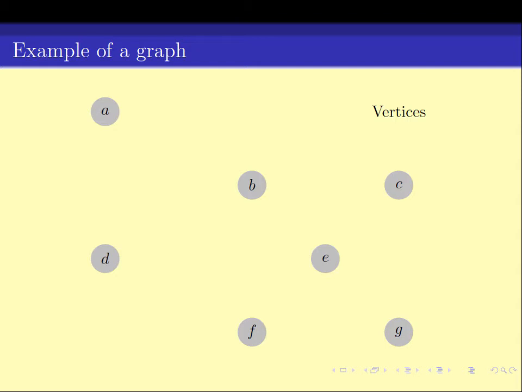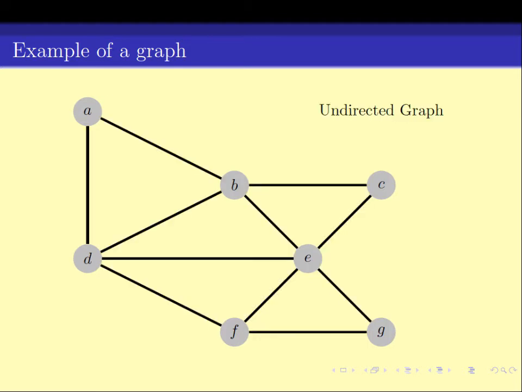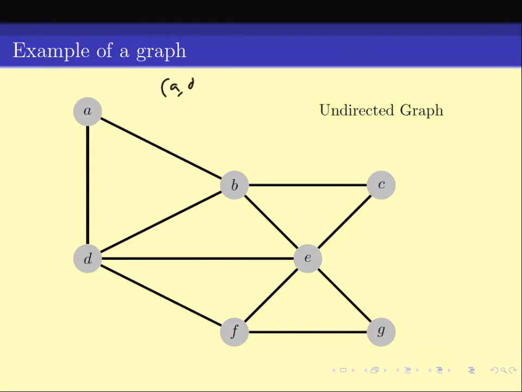Now the edges are usually drawn by lines. So if I draw a line like this, it basically says that A comma B is an edge. Also this one means that A comma B is an edge, and so on and so forth. So the edges are usually represented using lines drawn between the blobs or the vertices.